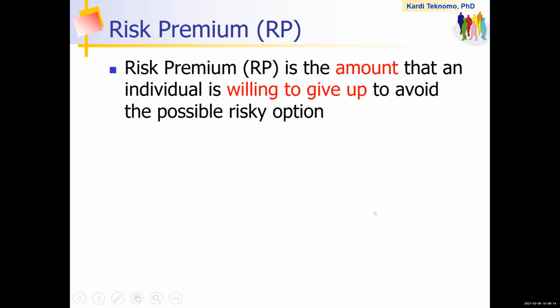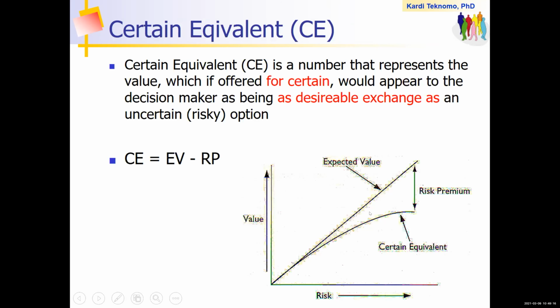So you pay to the insurance company so that you will avoid the possible accident, the risky option. So what is certain equivalent? Certain equivalent is a number that represents the value, if offered for certain, that would appear to you as decision maker as being a desirable exchange for the uncertain or risky option. So in that case, certain equivalent or CE is basically your expected value minus your risk premium.